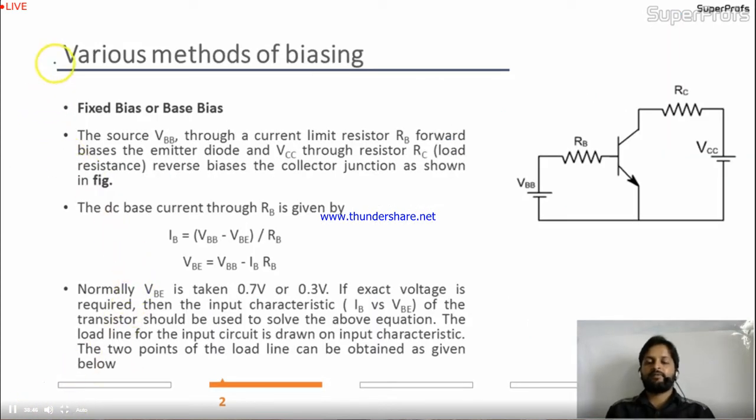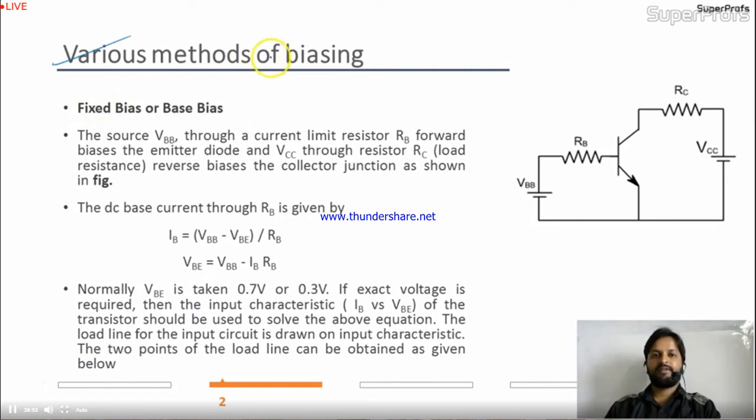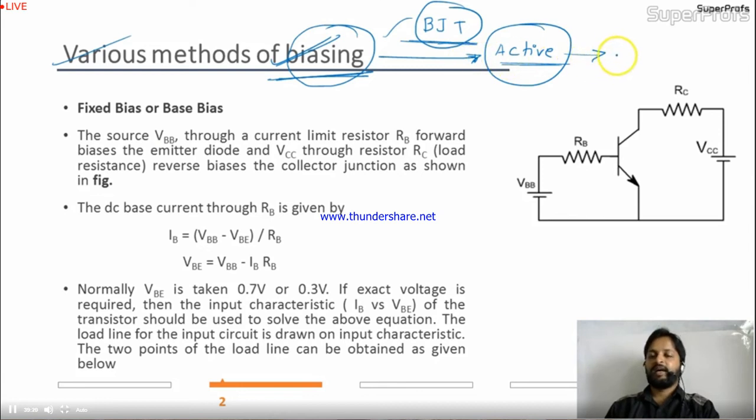Now we have various methods of biasing transistor circuits. As we know, what is the importance of biasing? Biasing is used to switch on the BJT. That's perfectly fine. But biasing should be such that your BJT works like an amplifier, that is, in active region, so you can use it as an amplifier.